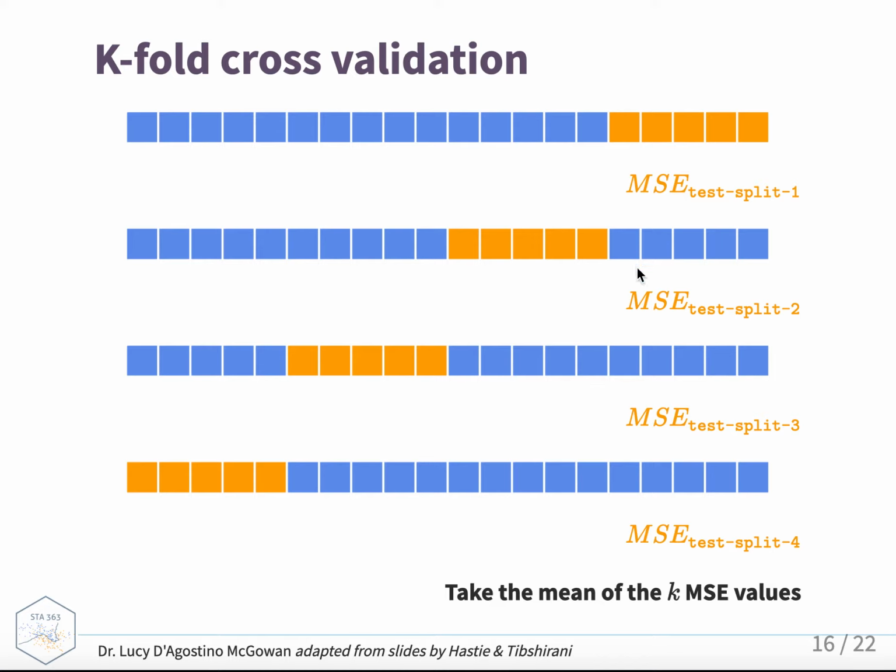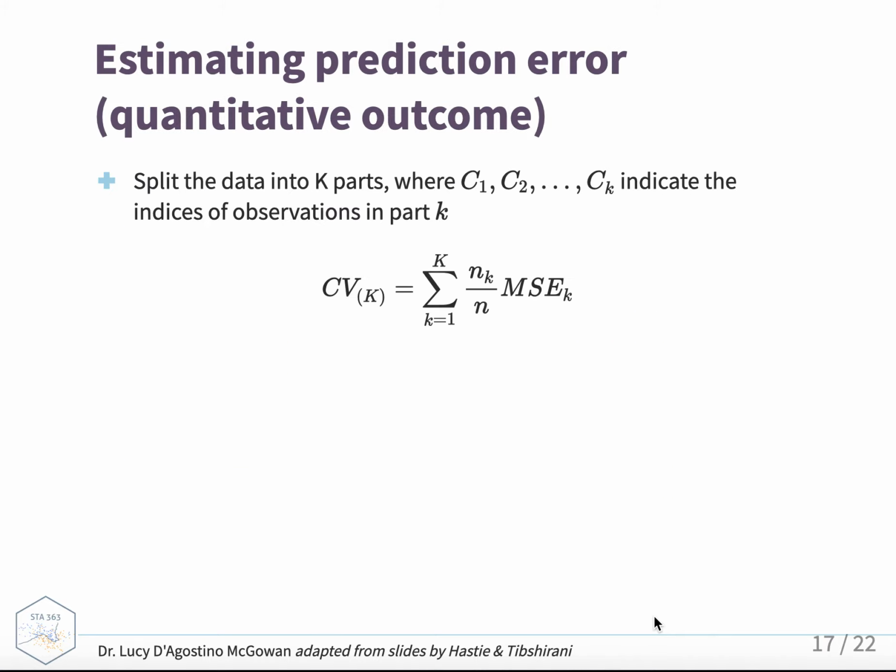So I've got these 4 estimates of the mean squared error taken over each of my k folds. Now I'm going to take the average, or the mean, of these together, across all 4 of these, to get my overall test error. Written a little bit more mathematically, we split the data into k parts, where C1, C2, through Ck indicate the indices of the observations in part k.